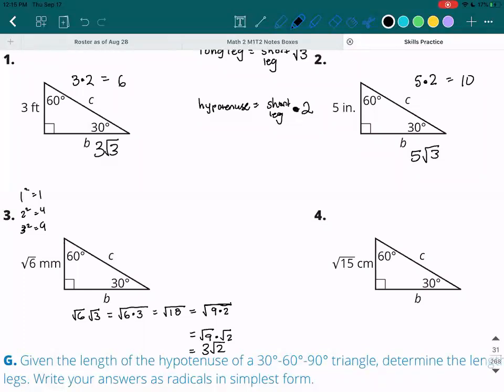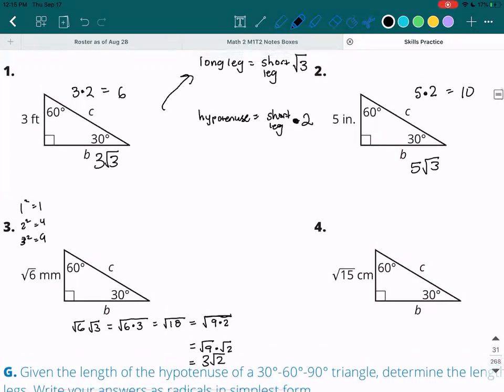We start off with knowing that the long leg is equal to the short leg times radical 3. So I wrote that out here. That's just me plugging it into the equation. I'm lagging, so I'm going to wait and then I'll re-explain.